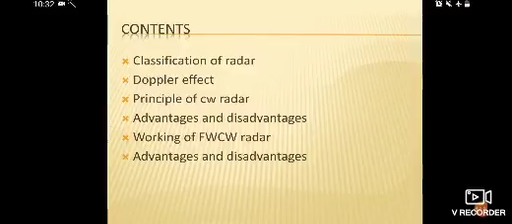Okay, so in this session on classification of radars, we have seen what the Doppler effect is, what the main principle of general CW radar is, the advantages and disadvantages of general CW radars, and what the modified CW radar is, that is FMCW radar.